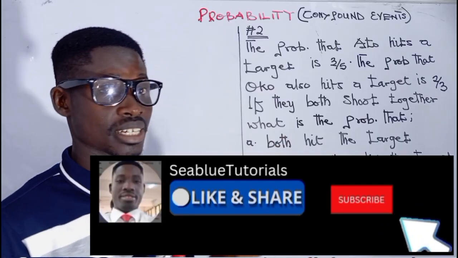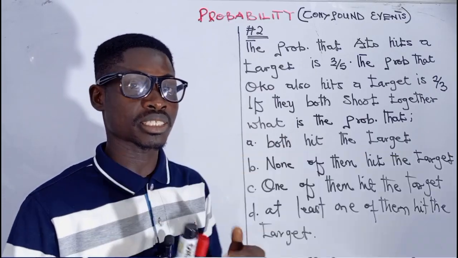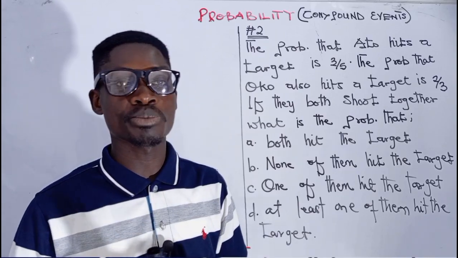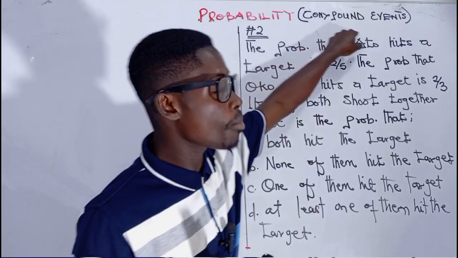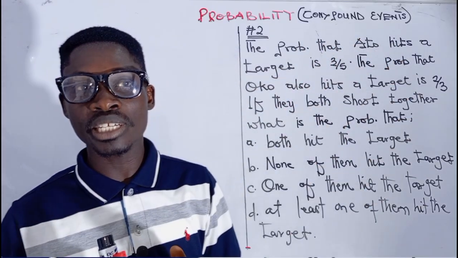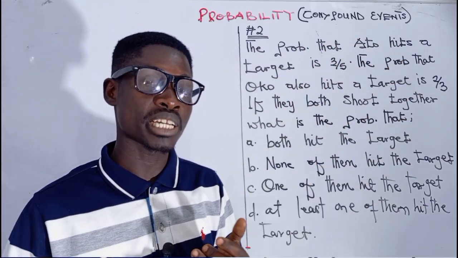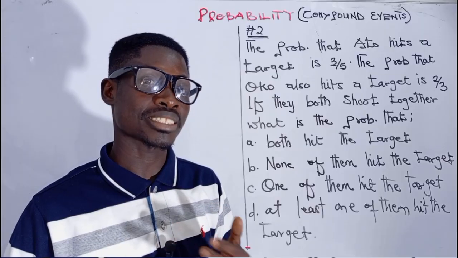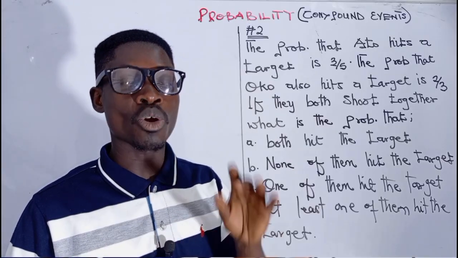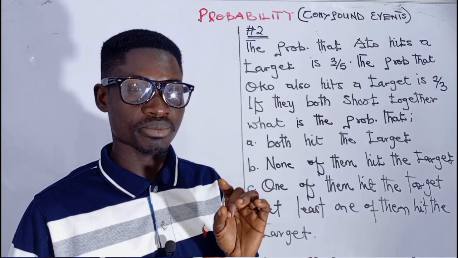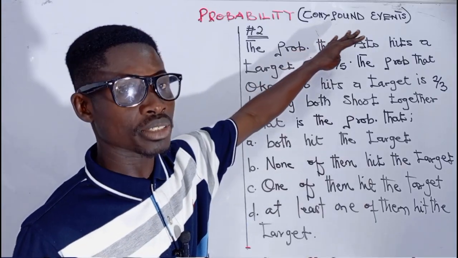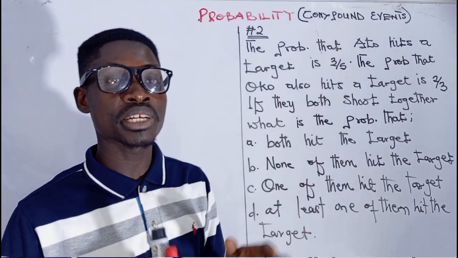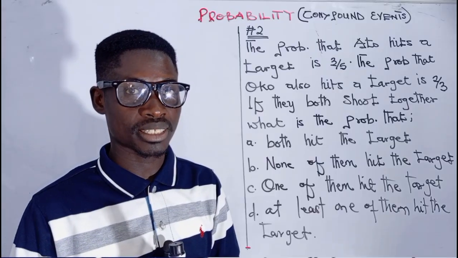So let's get started. But before we look at this question, as I said in my previous video, to be able to understand and solve questions on compound events, you should understand the multiplication law. You should also understand the addition law and the complementary rule, because these play a key role in compound events and we are going to make use of them frequently.